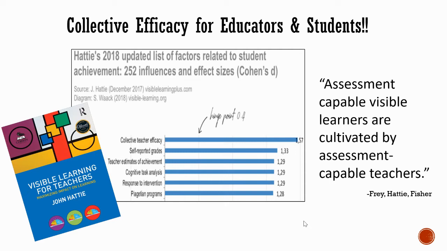If building collective efficacy has an effect size of 1.57 and engaging learners as assessment partners has an effect size of 1.33, what kind of growth could we realize in our schools if we built collective efficacy for both educators and for students? Please feel free to access the brief article by Fisher and Frey in your resources on creating assessment-capable learners.